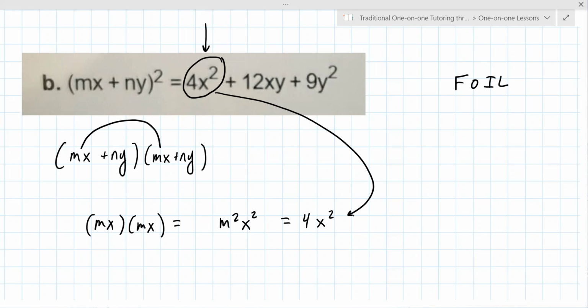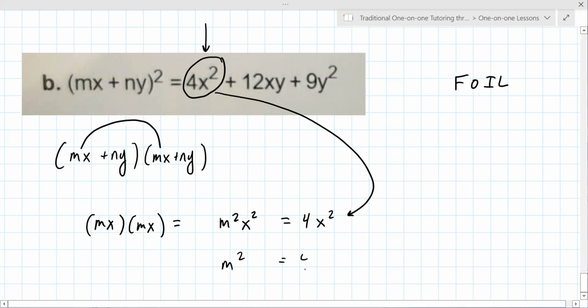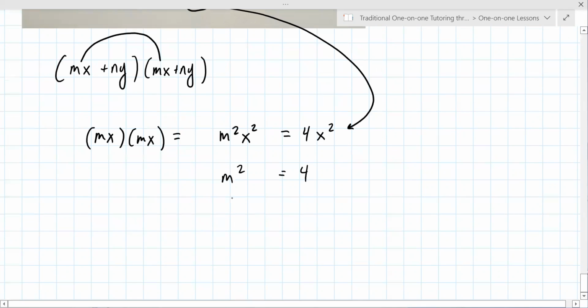Oh yeah, because m is 9. I don't know. I feel like I'm not getting something. That's okay. So it's m squared equals 4. So you're just taking a number, multiplying it by itself to get 4. Oh, 2.